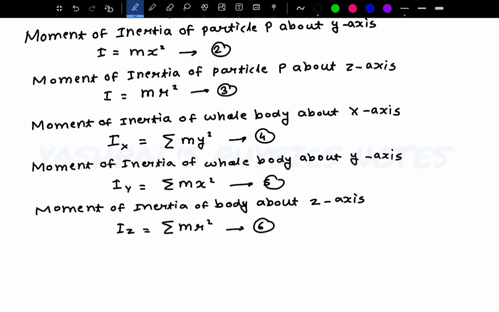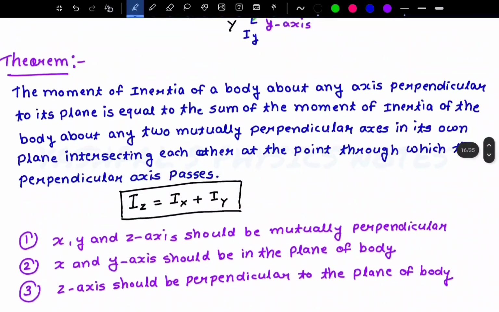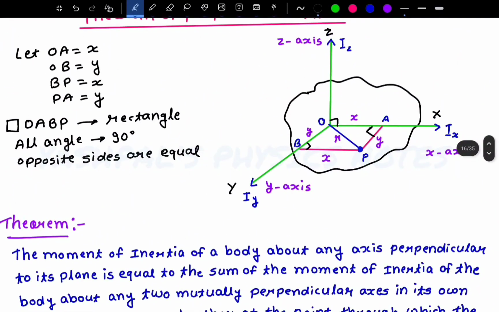Now what we are going to do, from this figure we are going to consider the triangle OAP and we are going to use the Pythagoras theorem. See here angle A is 90 degrees since we have considered this quadrilateral OAPB as a rectangle.